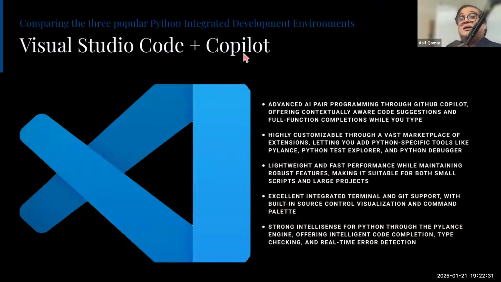What is best is it has excellent terminal integration and Git support. Those of us developers tend to live on the command line shell, and it has excellent integration with the shell and, of course, with Git. Most of us are committing our code to Git these days. So it does that. And I believe it does have integration with other source control systems also. But Git has emerged more or less as a de facto standard these days.